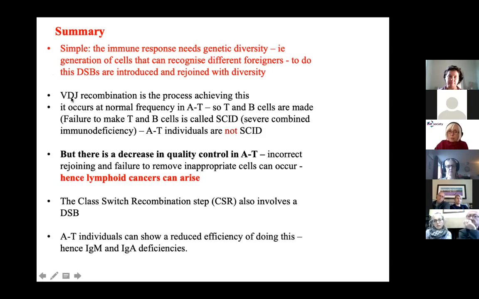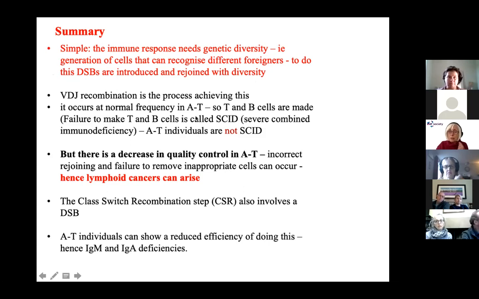One of these processes is called V(D)J recombination. Basically, the cell introduces a double-strand break and then rejoins it so as to join the wrong ends and cause rearrangement and slight differences at the junctions. That creates the diversity of our immune response.